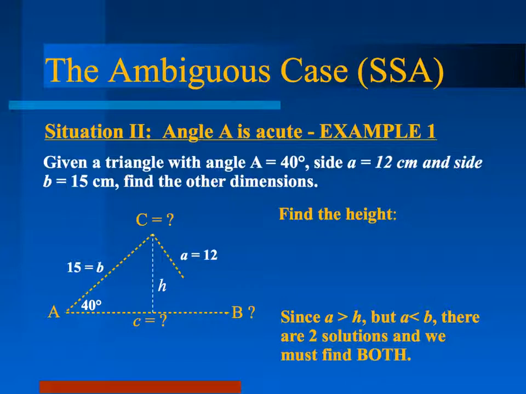So let's take a look. If I know that angle A is 40 degrees, and I have a value of little a of 12 and a little b of 15, the first thing I need to do is find the height as b sine A, which gives me, let's see, 15 sine 40, which equals 9.6.